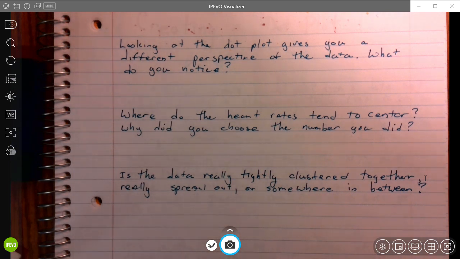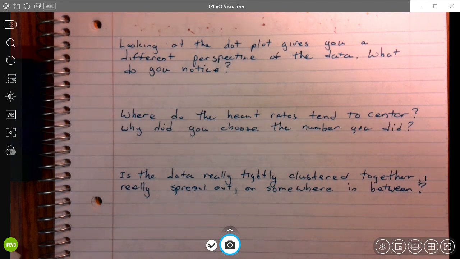No, we have a bunch of different rates, and they spread out from 79 to 90. Are they sort of clustered in the middle? Yeah, more or less, not perfectly, but the majority of the data is clustered in the middle, or average, which we would sort of expect.